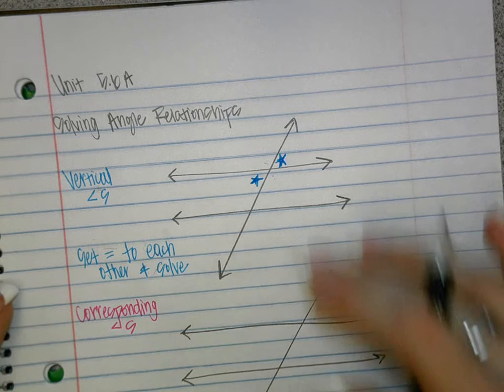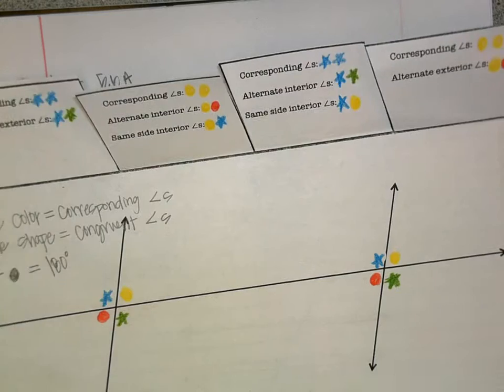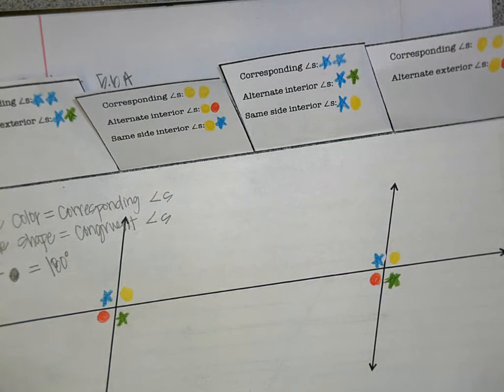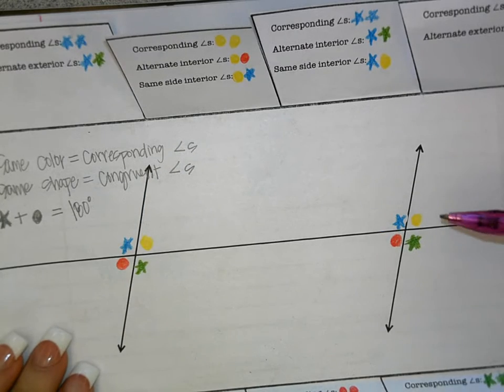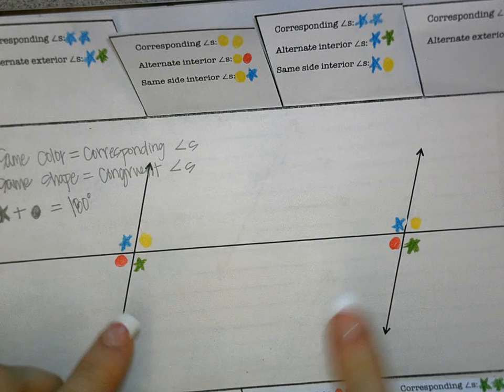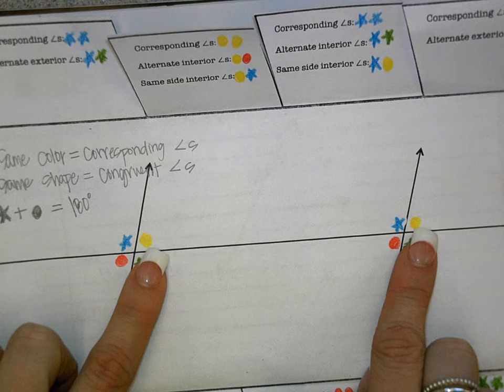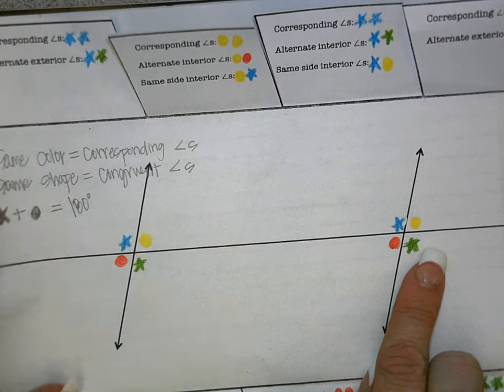I'm just drawing these all the same so we have something to compare. Hopefully you remember what we did on Friday. The corresponding angles are the ones that, if you look at these as two plus signs, are in the top left of both, or the top right of both.